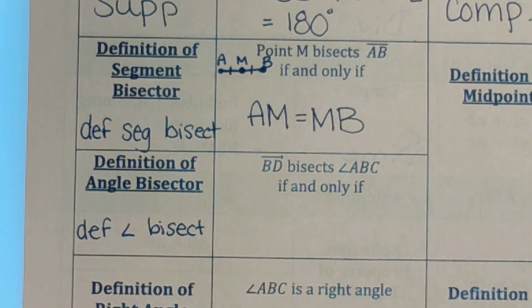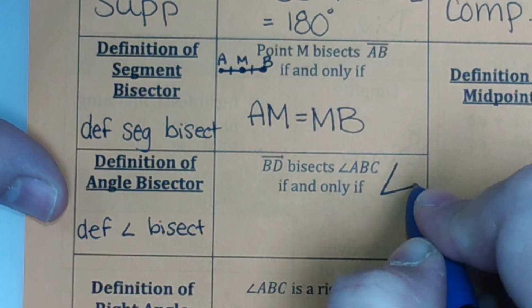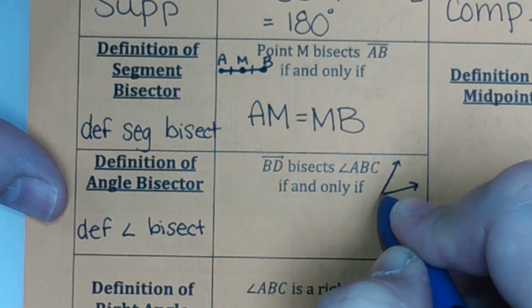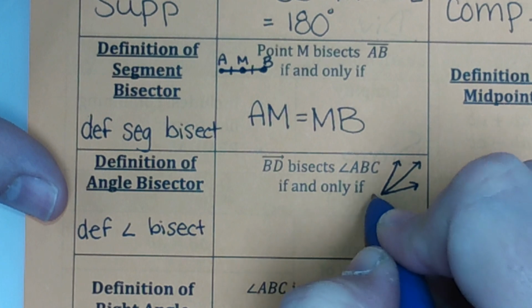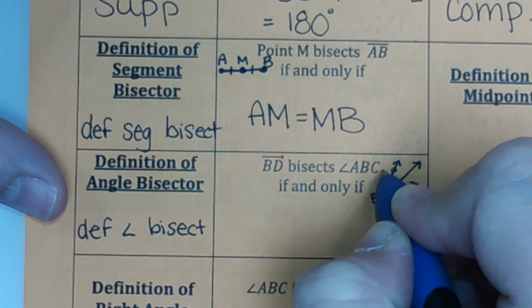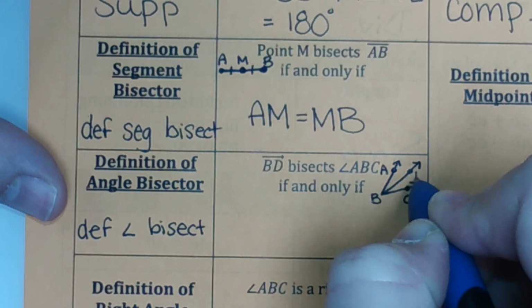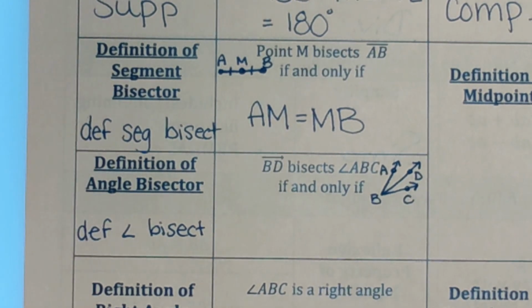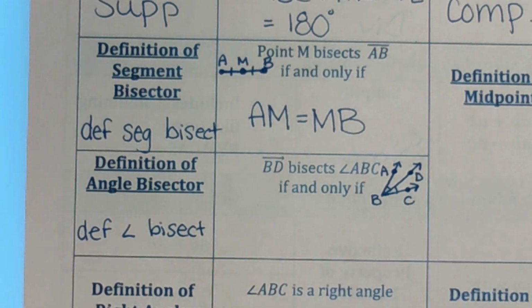I can do the same idea with angles. Again, tiny picture. If I see the words that something is bisected, I look at one of these two.